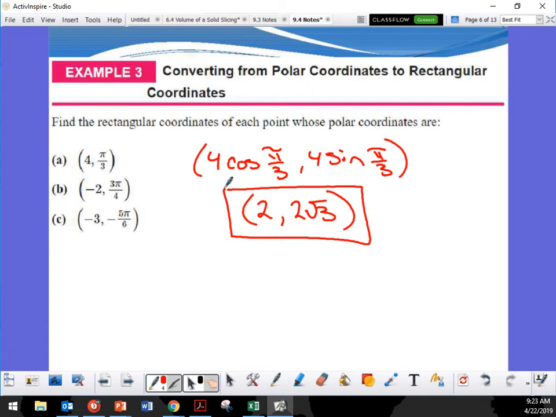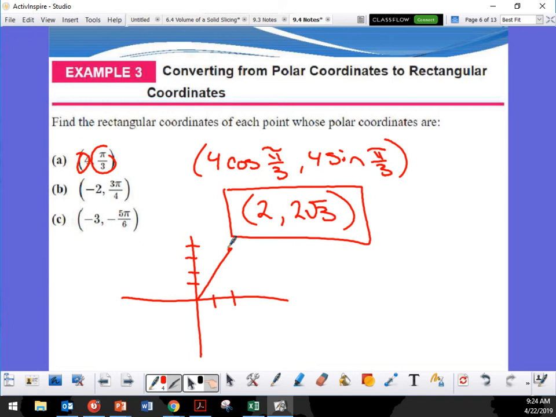So let me show you the difference between polar and rectangular. Polar starts with r and theta. So I have a radius, and then I go over a certain amount of my angle. This says I have 2 in the x value, 1, 2. I go 2 rad 3 in the y value, so it should be right here. So this is what my graph is in rectangular, where I know it should be a radius of 4 would get me to here, radius of 4, and it would go up pi over 3.